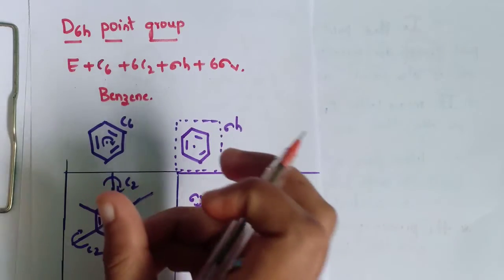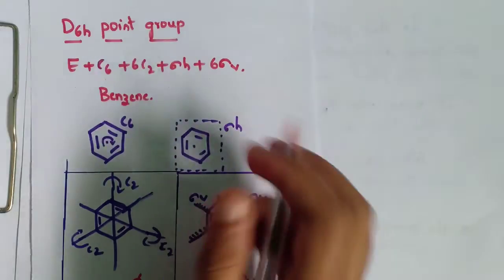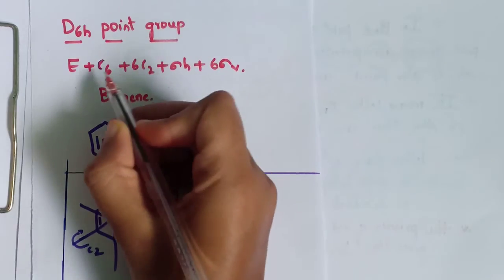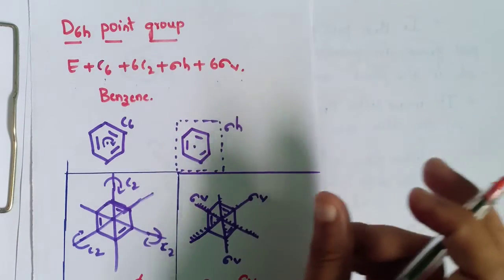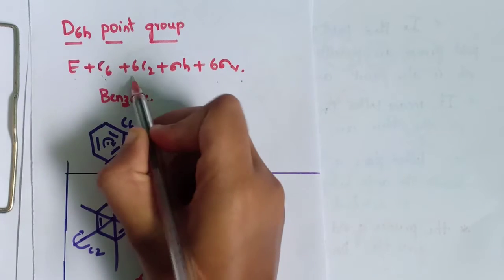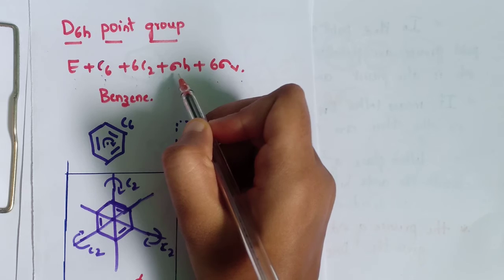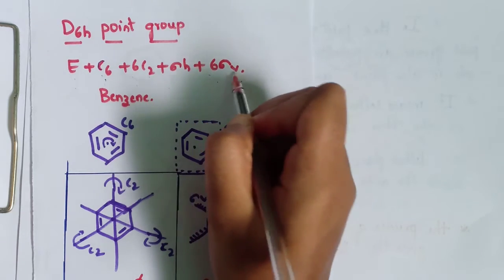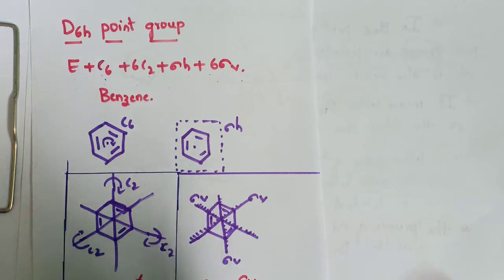For the D6h point group, 6 C2 should be present. If C6 and 6 C2 are present, then 6 sigma v will be present or 0 sigma v. So identity, C6, 6 C2, sigma h plus 6 sigma v are the symmetry elements of the D6h point group.